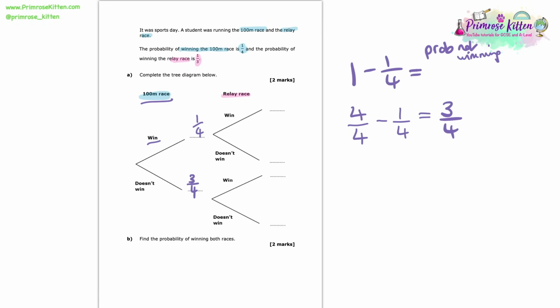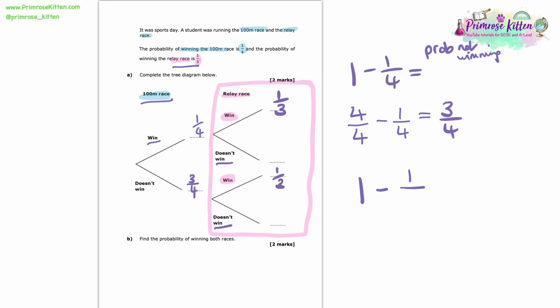So now for the relay race, we're told that the probability of winning the relay race is 1/3. So if we look to the right-hand side here, you can see that we have the relay race, and we've got a couple of options for them winning. So under each of those, I'm going to write that 1/3 that we were told is the probability of us winning. But then again, we need the probability of us not winning. So again, we're going to say 1 because we either win or we don't win. And then we're going to subtract 1/3.